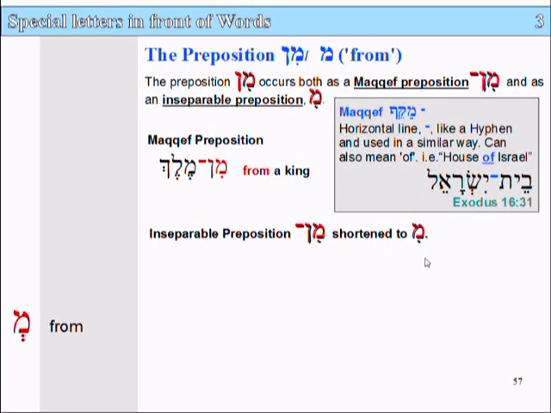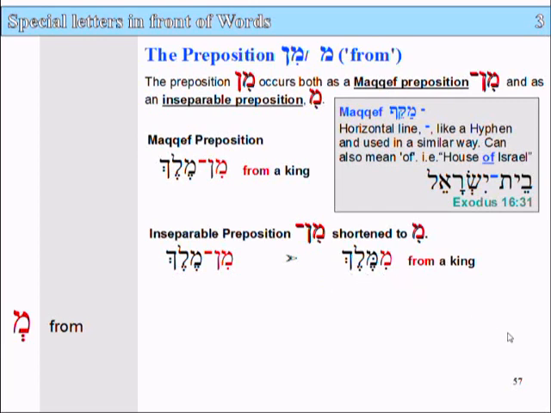It's inseparable, it's joined to it. So instead of min Malak, we have m'Malak, which means the same thing, from a king. So we can have min Malak, or we can have m'Malak.